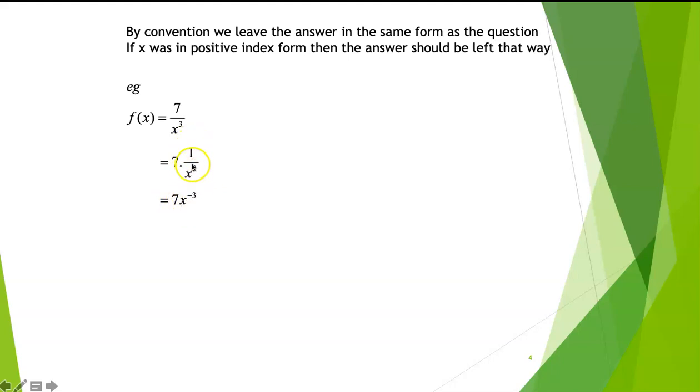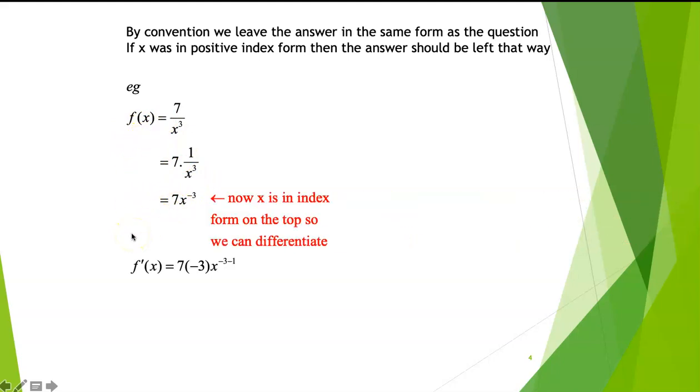When you change places, it's the reciprocal, so you will have x to the power of -3. All this is f(x). I have not differentiated anything yet. Now I will start differentiating, and that's why I've written f'(x). You multiply 7 by -3, and then you take 1 from the power. Then you rewrite your answer with a positive power, because the question had a positive power, so you just rewrite it in the denominator.